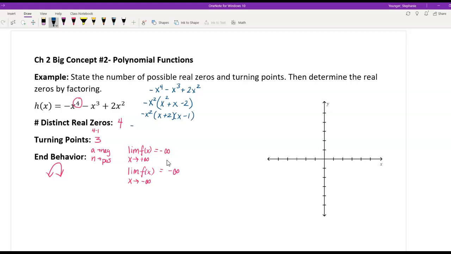Set each piece equal to 0. So negative x squared equals 0, x plus 2 equals 0, and x minus 1 equals 0. So x squared equals 0, x equals negative 2, and x equals 1. Now, if you take a look, this is x times x, which means x equals 0 twice.